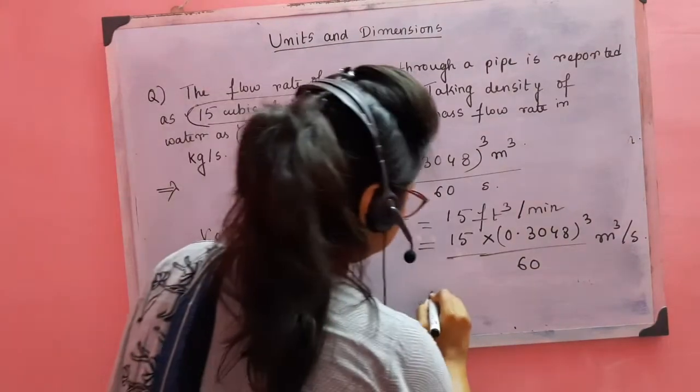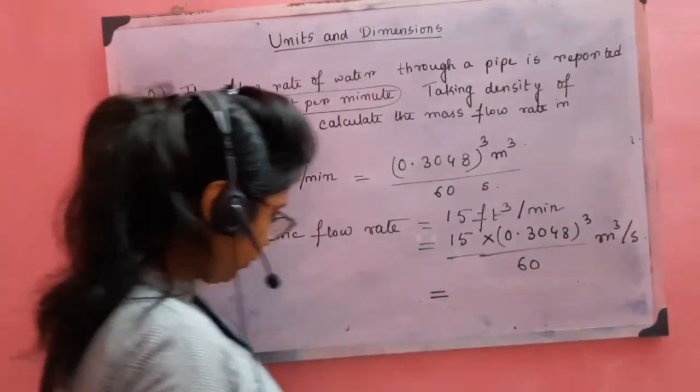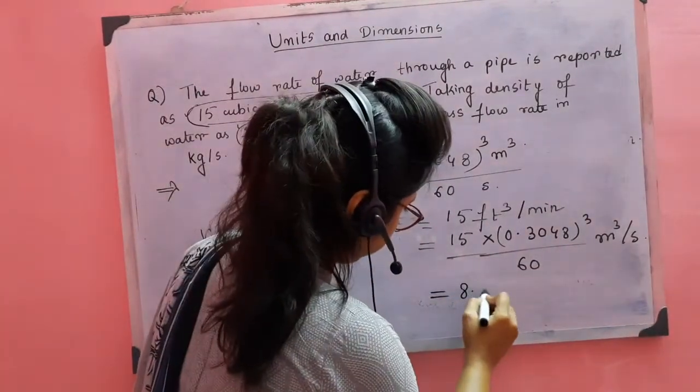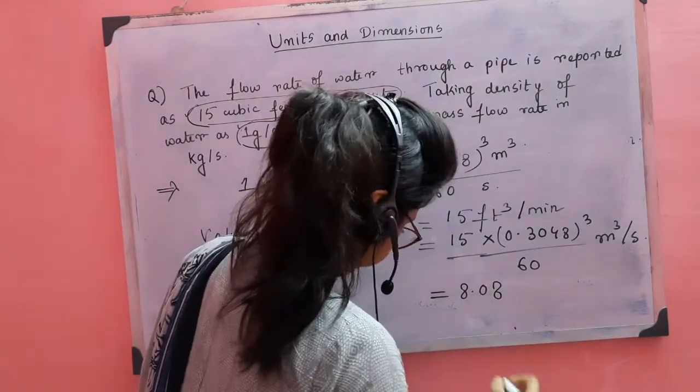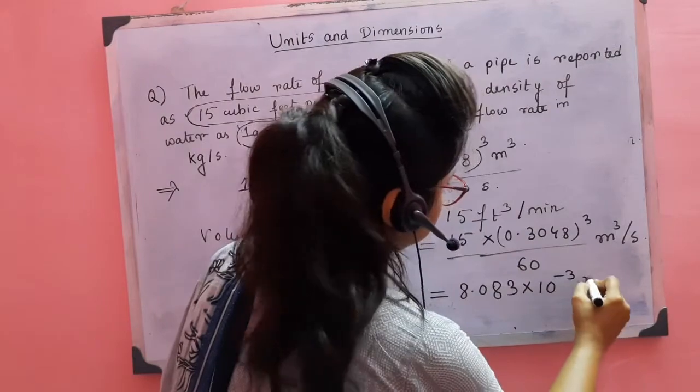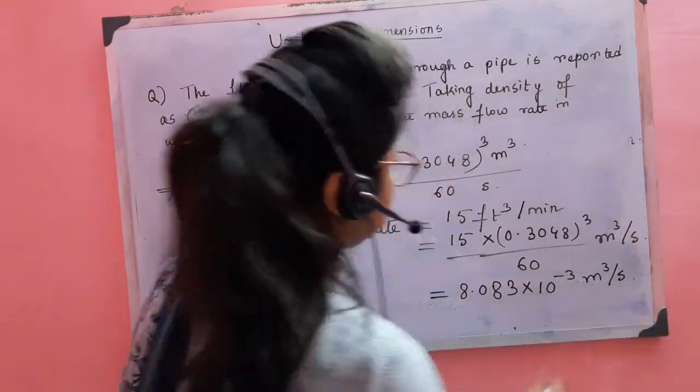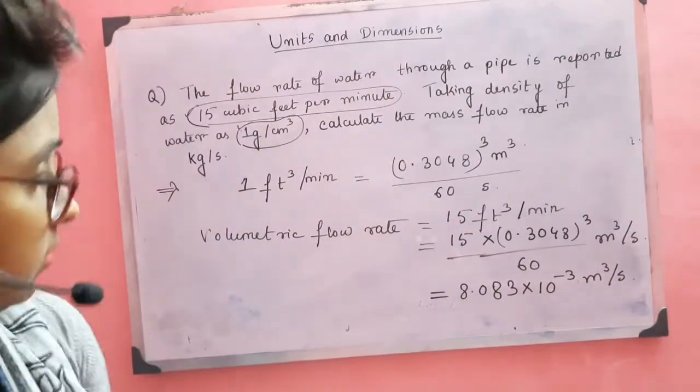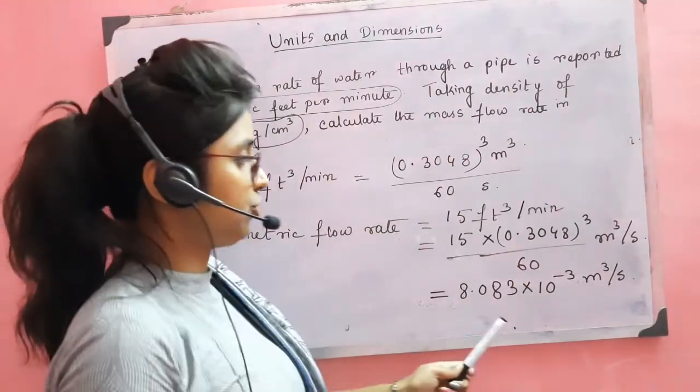Now calculating this volumetric flow rate, you will be getting 8.083 into 10 to the power minus 3 meter cube per second. This is the volumetric flow rate.